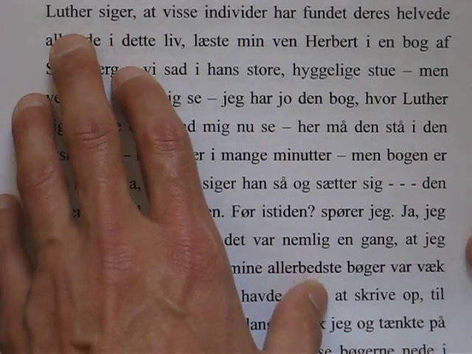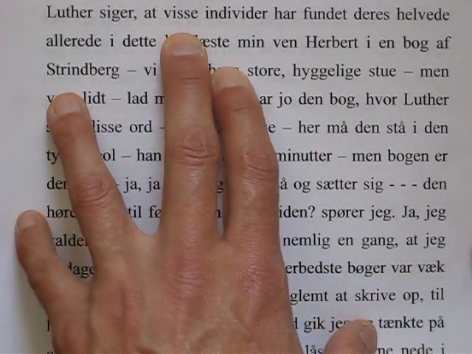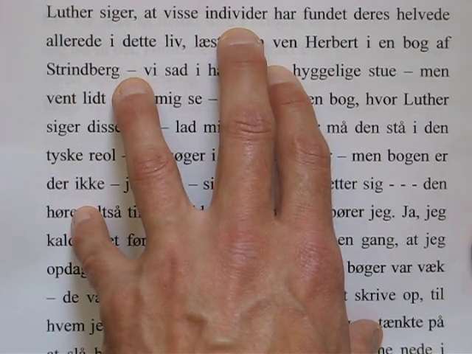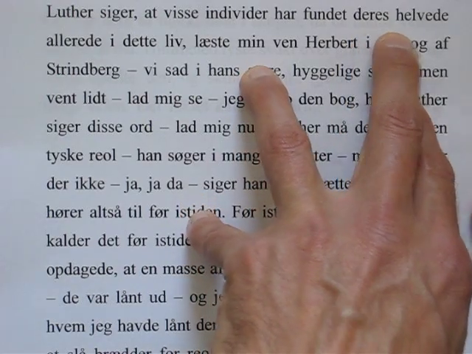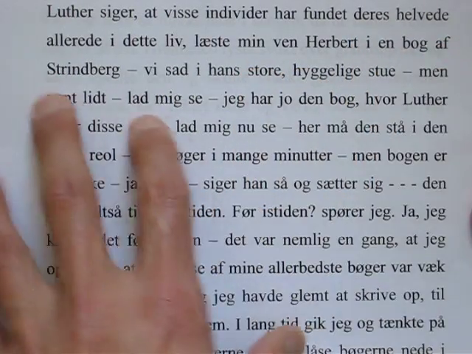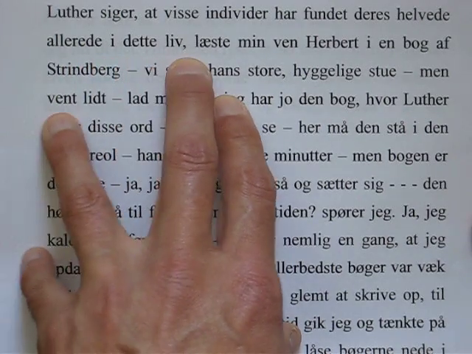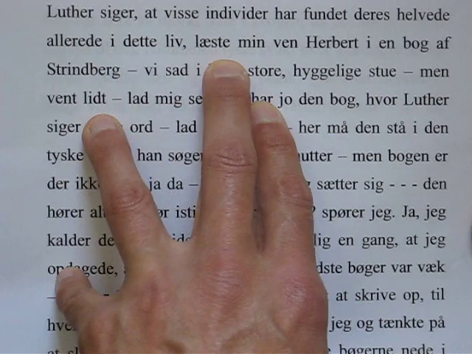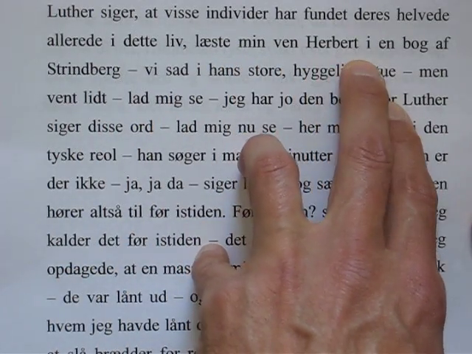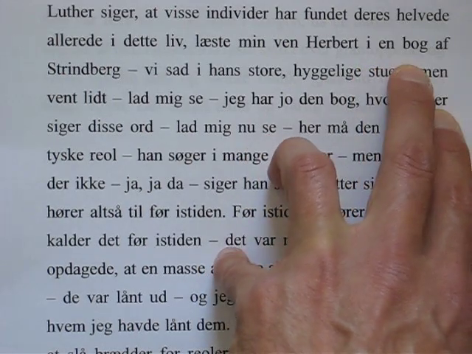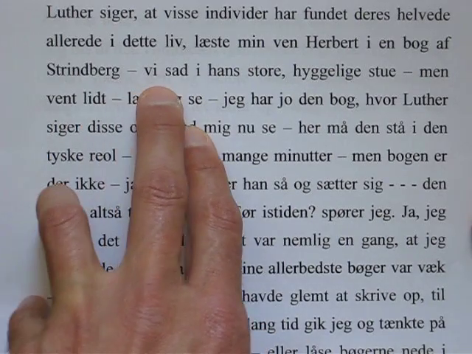That means Martin Luther says that certain individuals have found their hell already in this life, my friend Herbert read a book of Strindberg.